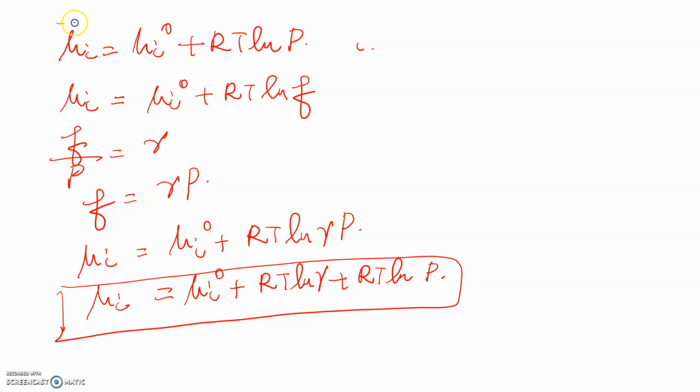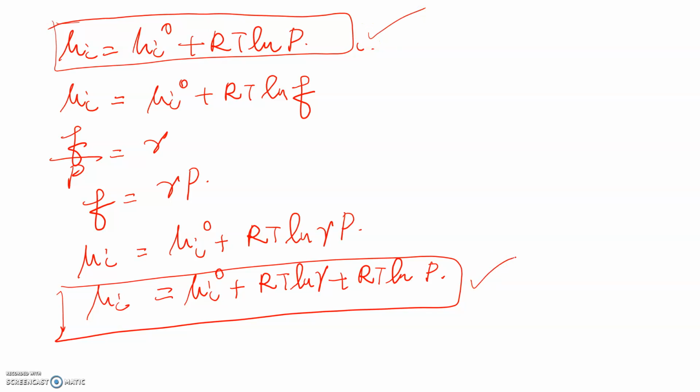Now compare these two equations. This is for ideal gas and this is for real gas. They differ by a term RT ln gamma. Okay, so when gamma is equal to 1, that means f by P is equal to 1, or fugacity is equal to pressure. When gamma is 1, this term vanishes and the equation becomes equal to that of the ideal gas.